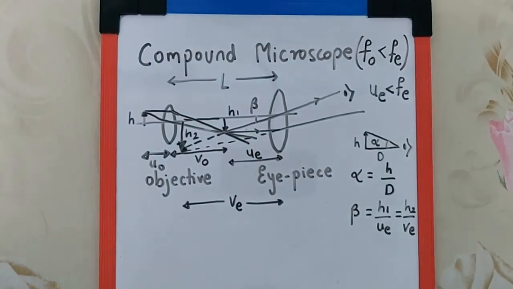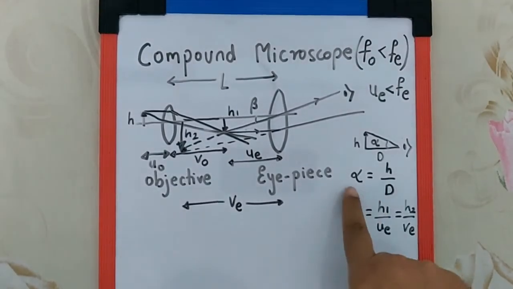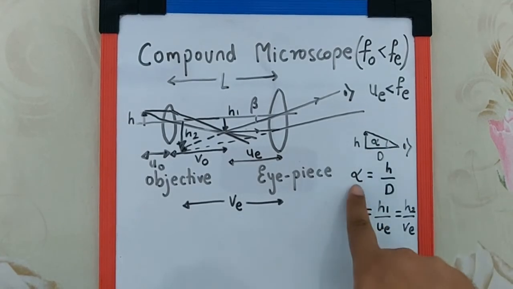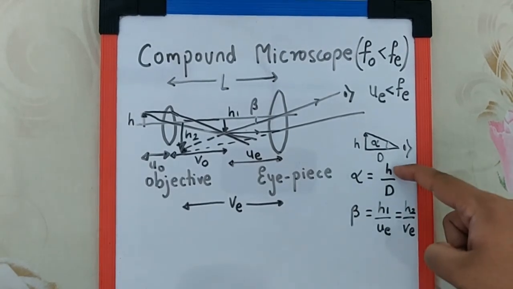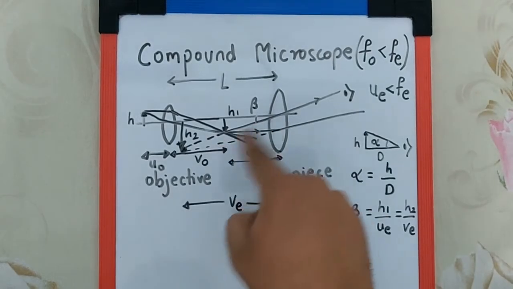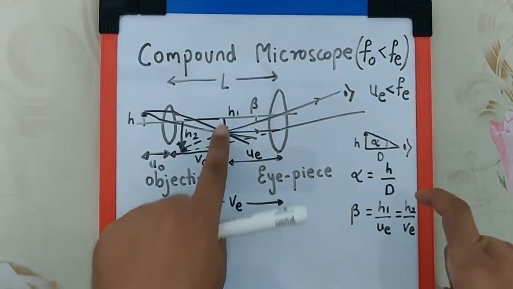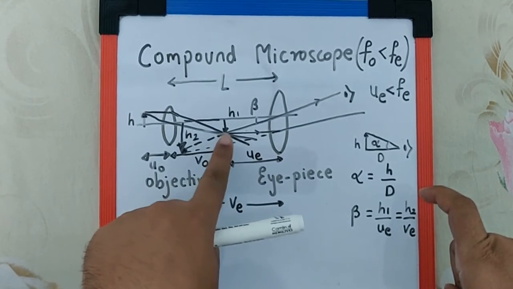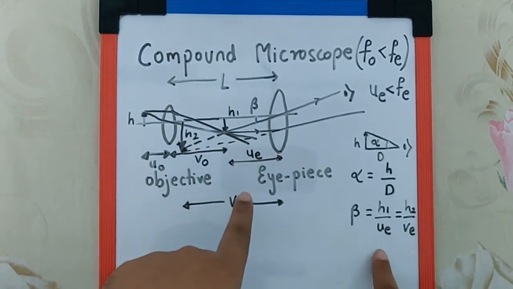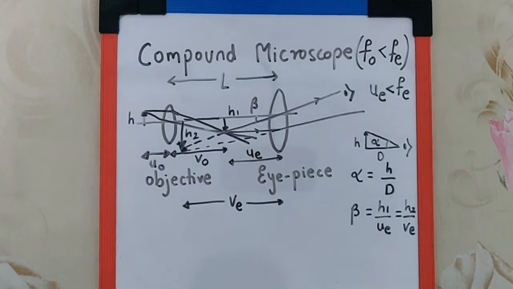Please understand, we are using the general formula theta equals s by r. So in this case, alpha is theta, h is the arc length s, and d becomes the radius. And in this case, beta is theta, h1 and h2 are the two respective lengths for the two triangles, and UE and VE become the equivalent radii for those two triangles.